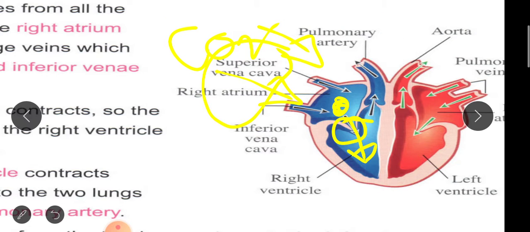So again, the blood collects the carbon dioxide, which is produced inside the body cells. And then it will enter my heart through the superior and inferior vena cava to the right atrium, and from the right atrium to the right ventricle through the right valve. And then the right ventricle will push the blood to the pulmonary artery.